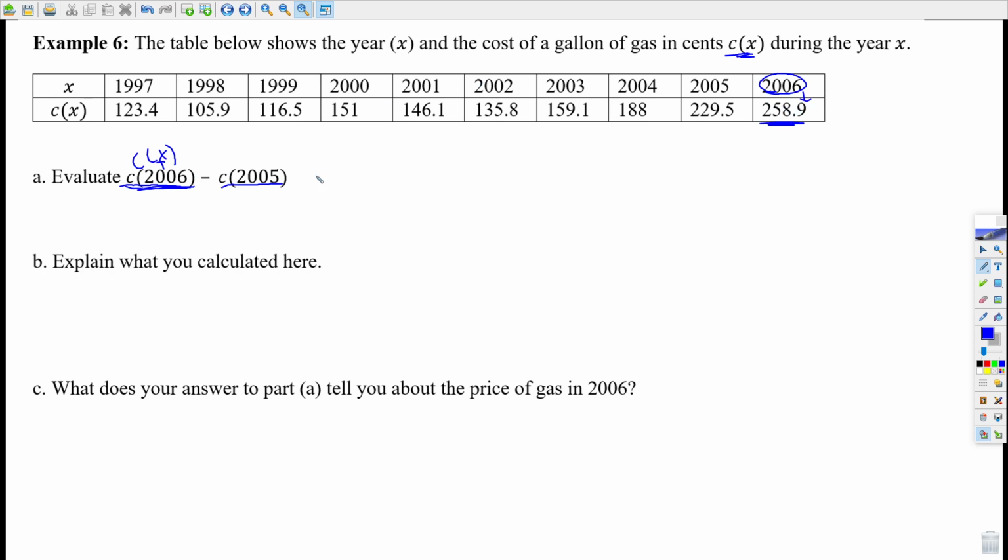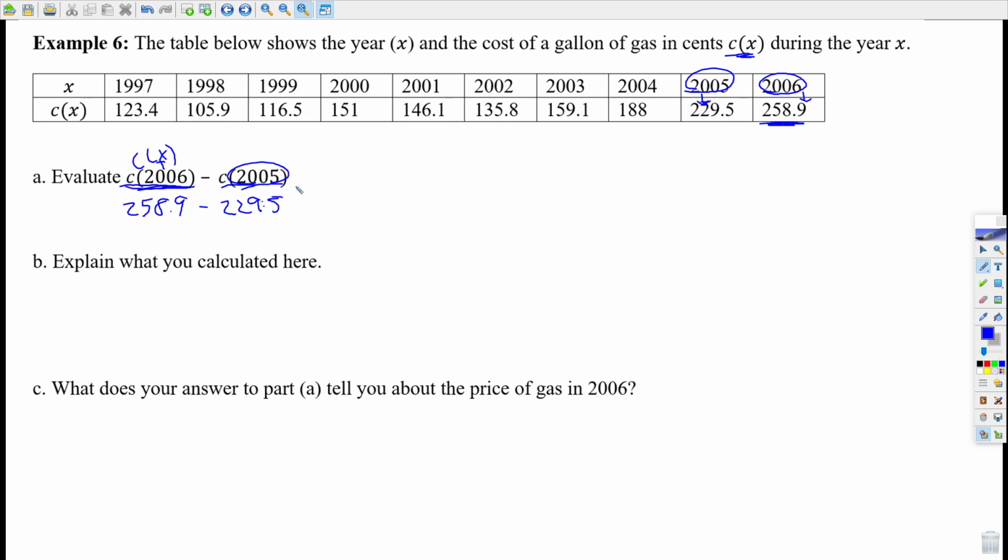That's the number. No actual math, just looking at the table and reading it. So this whole thing is the number 258.9. And we're going to subtract that from C of 2005. So we look at 2005, find that as the x value right here. And the value at C of 2005 is 229.5.